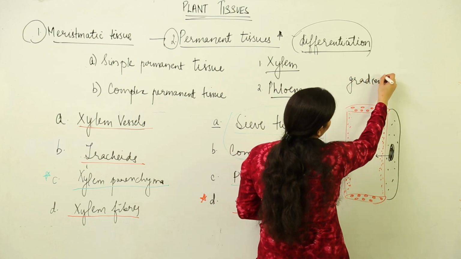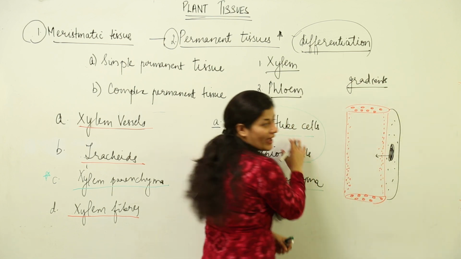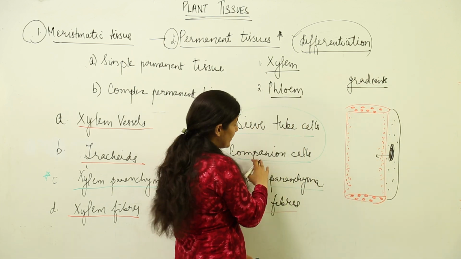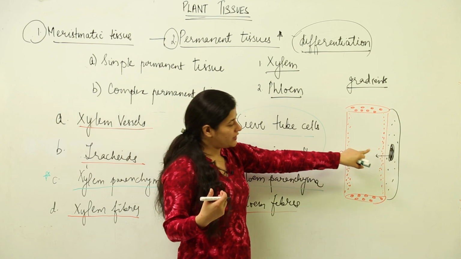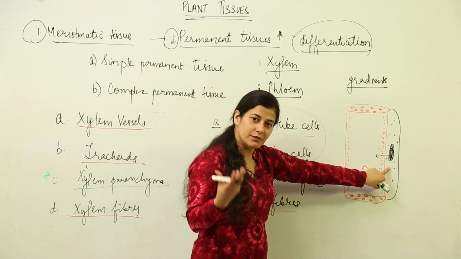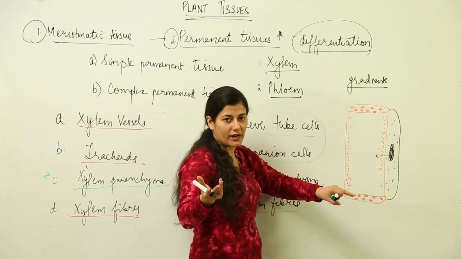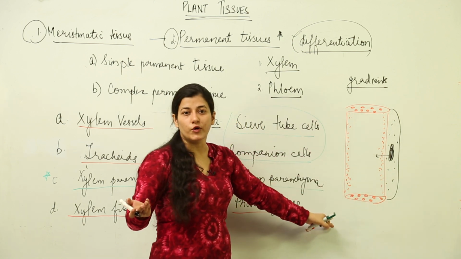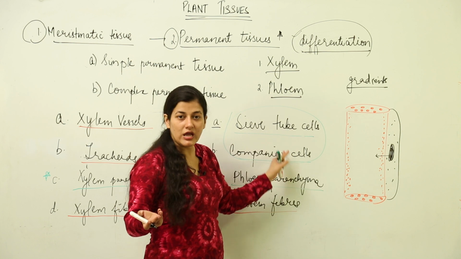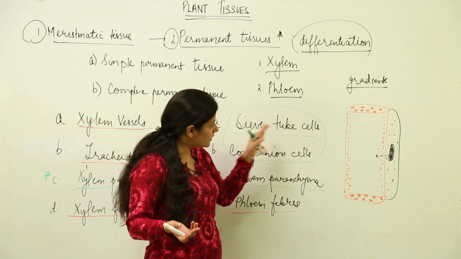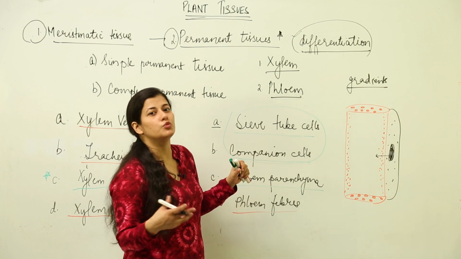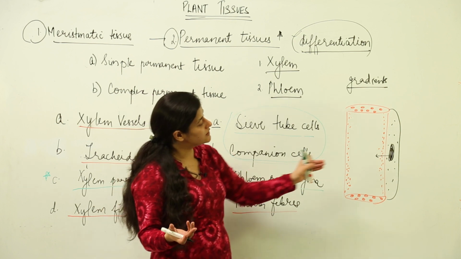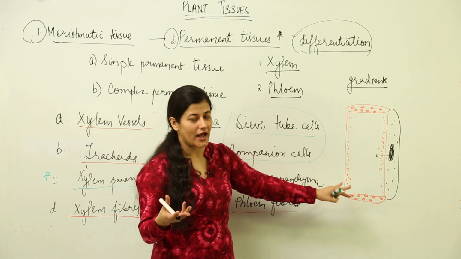So the companion cell is a true companion, because it regulates the gradient inside the tube. When the gradient is regulated by the companion cell, it enables the movement of food or other particles across the phloem. That is why these two cells are important: one is the companion cell and the other is the sieve tube cell. Certain books call it sieve tube elements as well, because they consider this part as dead, since it does not have a nucleus.